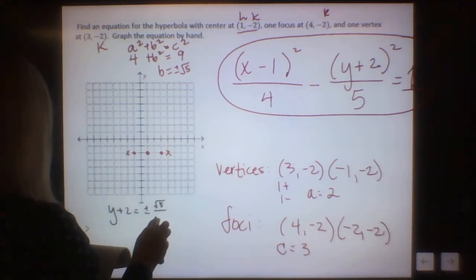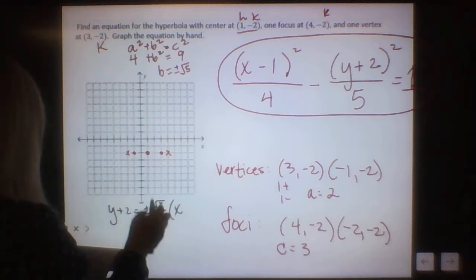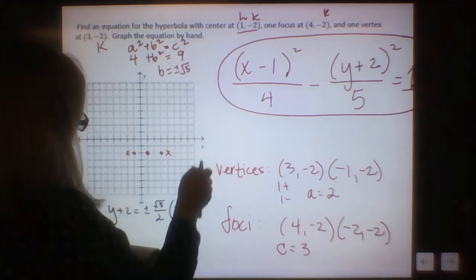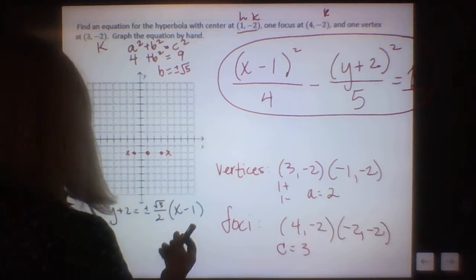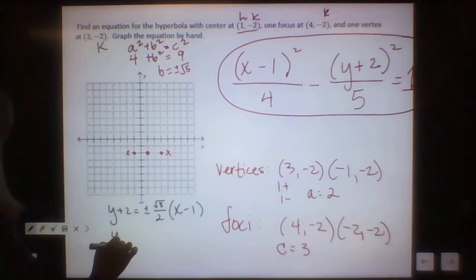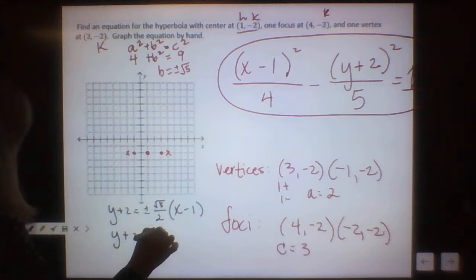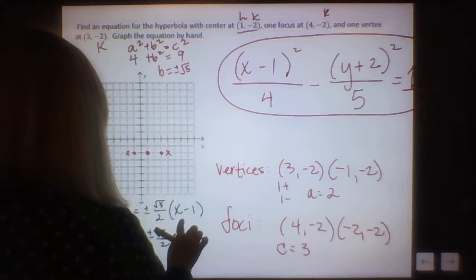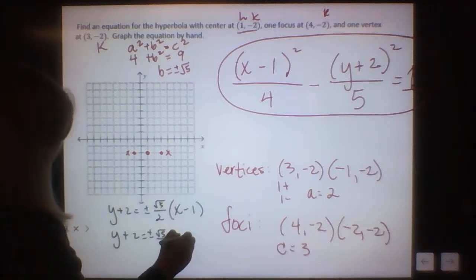Square root of 5 over 2 x, h minus 1. Okay? So y plus 2 equals plus or minus square root of 5 over 2x. And this would be plus or minus.